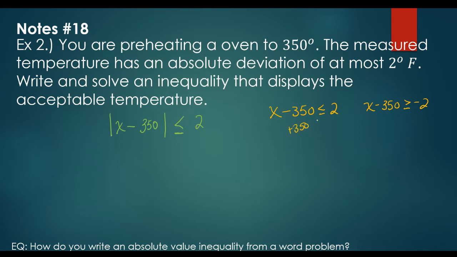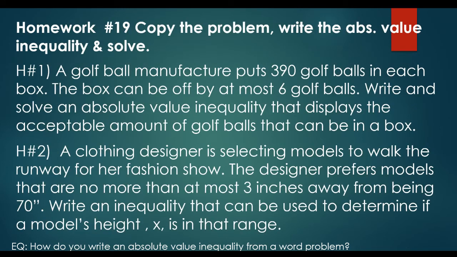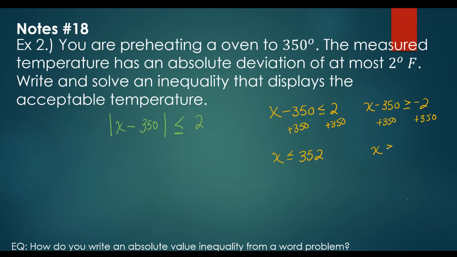Add 350 degrees to both sides. This temperature would be 352. Add 350 on the other side. This temperature would be 350 minus 2, which is 348 degrees.